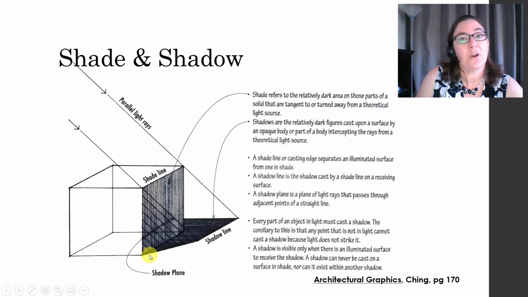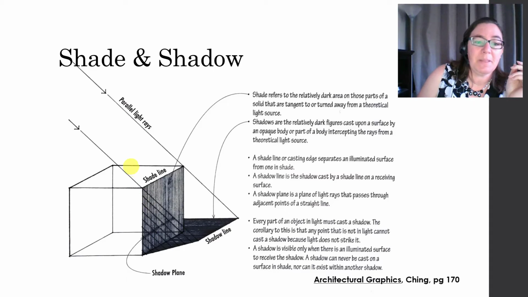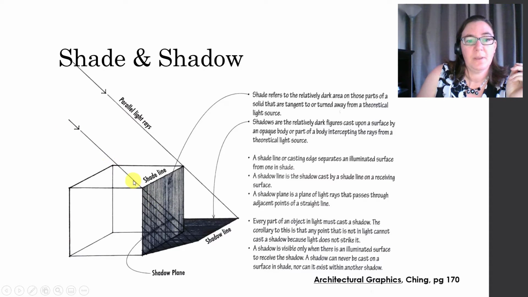And finally, the shadow plane. The shadow plane is this triangular piece right here, hatched in a different pattern. That's going to form between the object, the light rays and the shadow line.